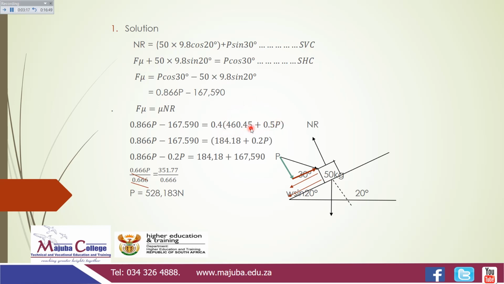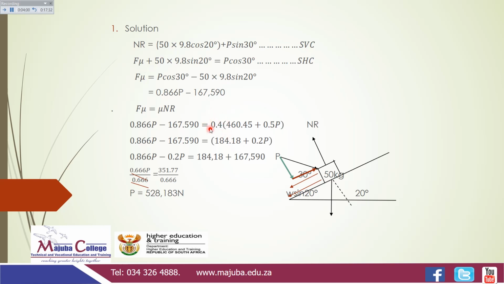Then your normal force is equal to 460, which is 50 times 9.8 cos 20, plus the sine of 30, which is 0.5, times P. So you will open the bracket, and you'll get 184.18 plus 0.2P. So you will multiply 0.4 by 460.45 and you'll get 184.18.